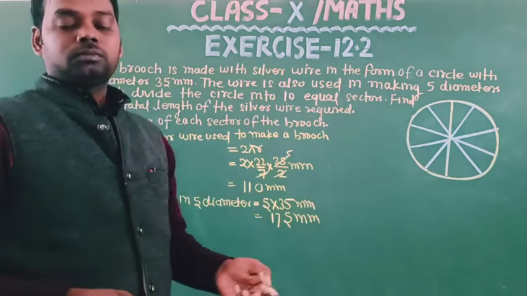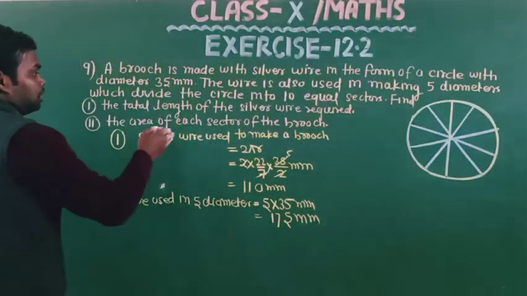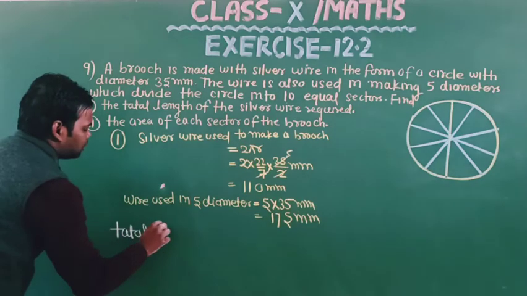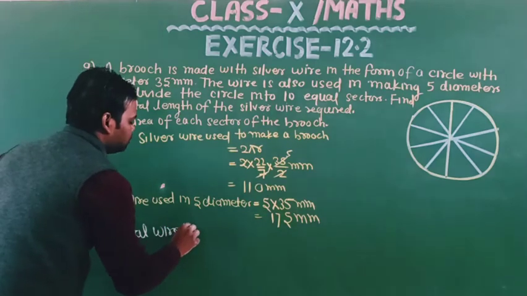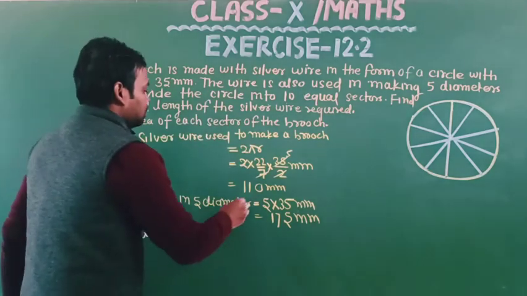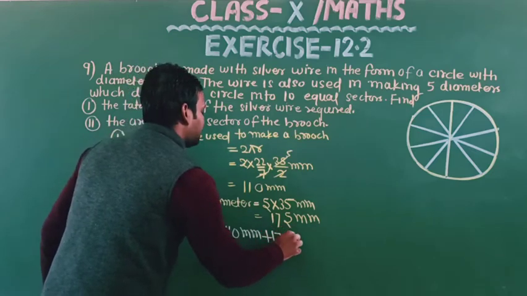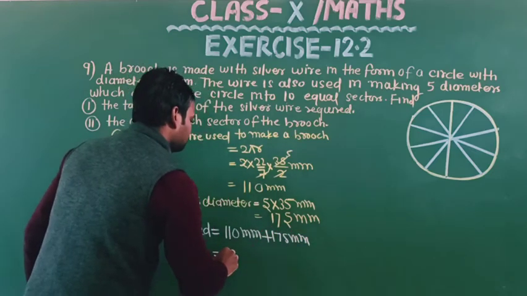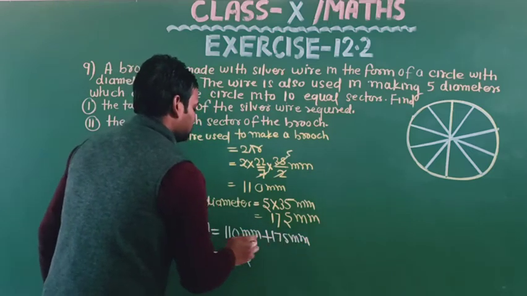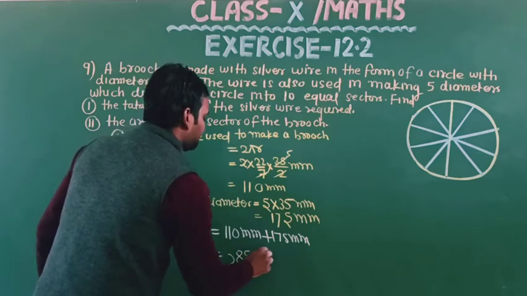So therefore total wire used is equal to 110 mm plus 175 mm, which is equal to 285 mm.